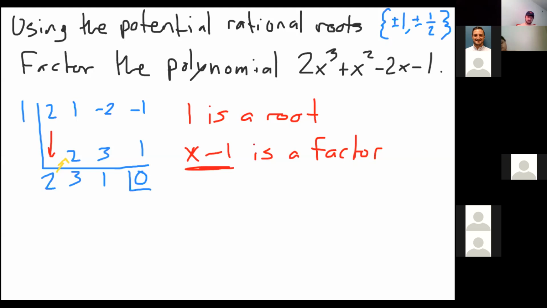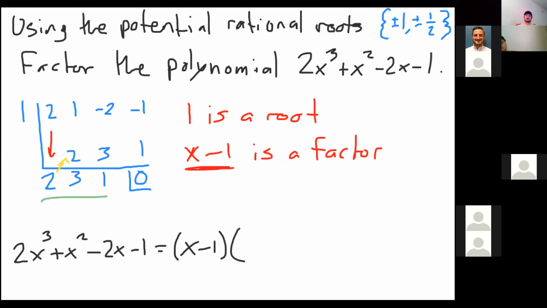And this not only tells me that I can factor out an x minus 1, but also what I'm left over with. So I can factor out an x minus 1, and I'll be left with all those coefficients right there, which tell me 2x squared plus 3x plus 1.